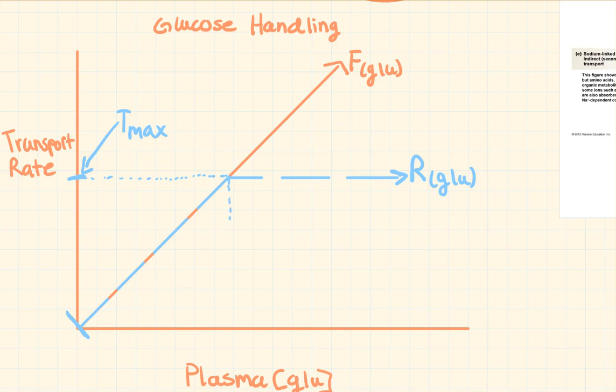And if we were to trace this point down to the x-axis, this point on the x-axis is the renal threshold. And renal threshold is the plasma concentration, because this is an x value. Renal threshold is the plasma concentration at which Tmax occurs.